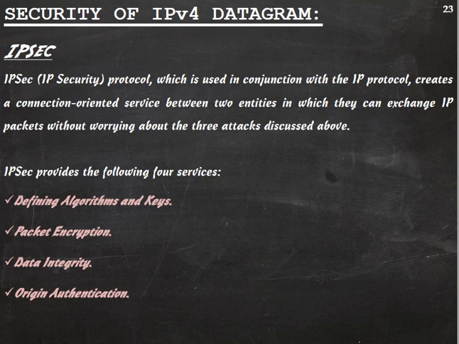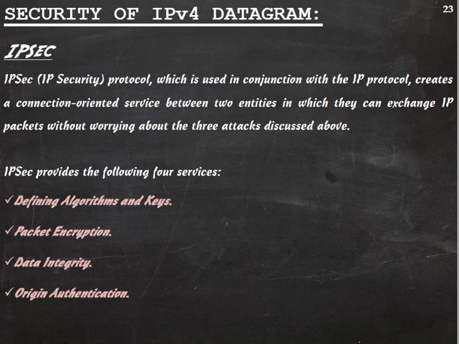And the last one is origin authentication. In an information security system, message authentication or data authentication is a property that a message has not been modified while in transmission, and that the receiving party can verify the source of the message.